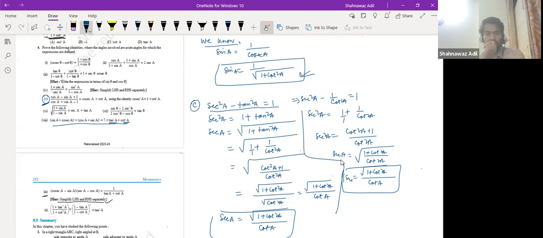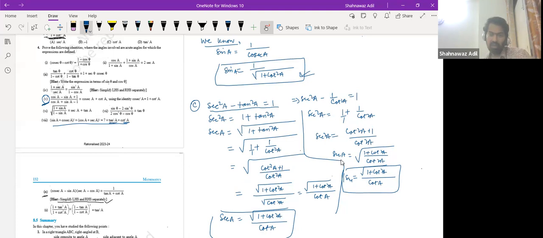In this we found that sin A is equal to 1 by cosec A and tan A is equal to 1 by cot A. So we can write sec square A is equal to 1 by cos square. So sec and cos, they are reciprocals, right? Sec is the reciprocal of cosine. Tan is the reciprocal of cot, but cot is the reciprocal of tan. So you wrote here cot.